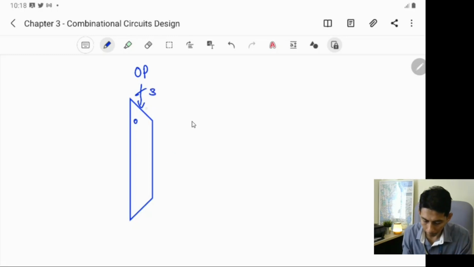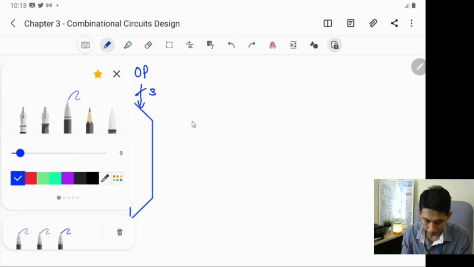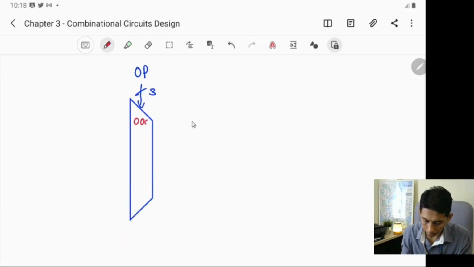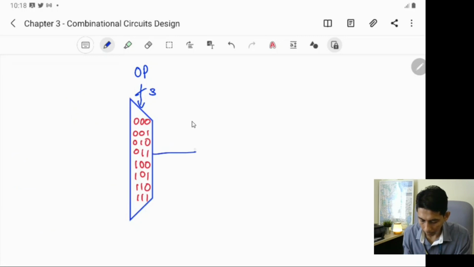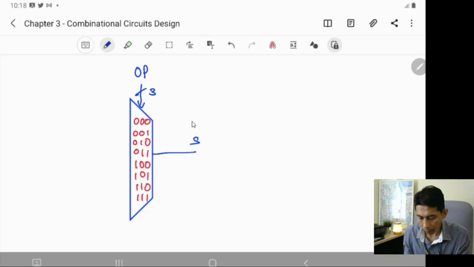And when the operand is 0, 0, 0, you have add operation. 0, 0, 1, 0, 1, 0, 0, 1, 1, 1, 0, 0, 1, 0, 1, 1, 1, 0, and 1, 1, 1. Right? And the output here is the S.